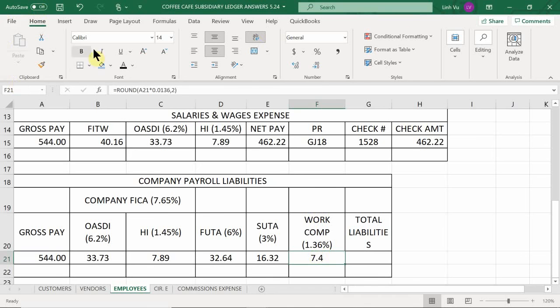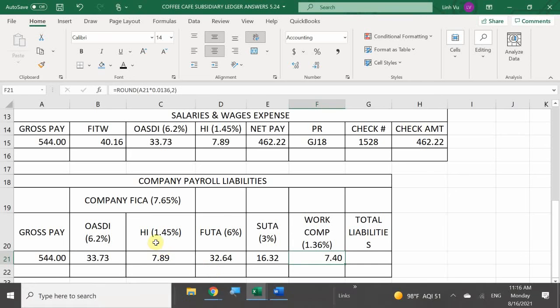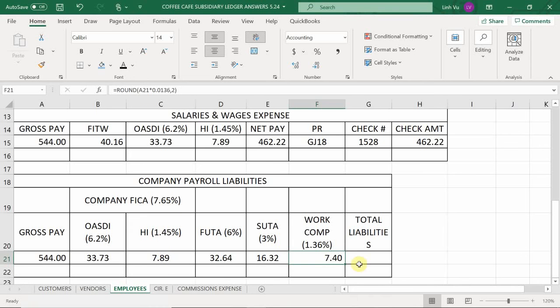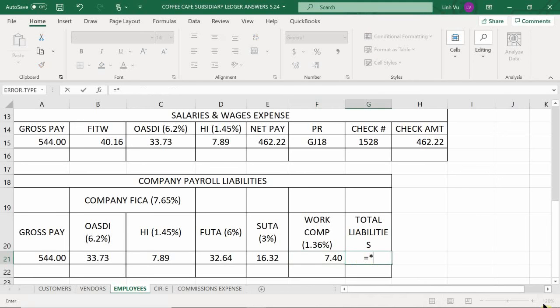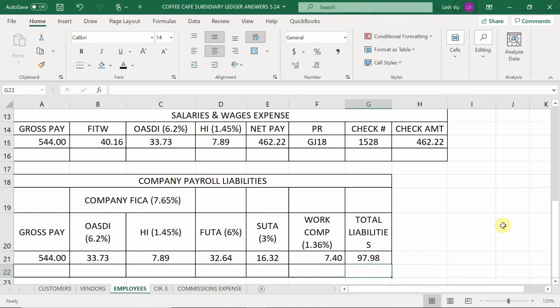So then, what is the total amount of tax that we are subject to pay? 97.98.